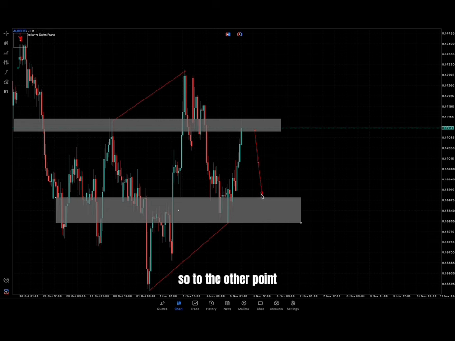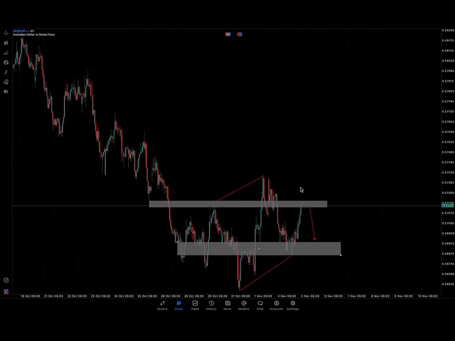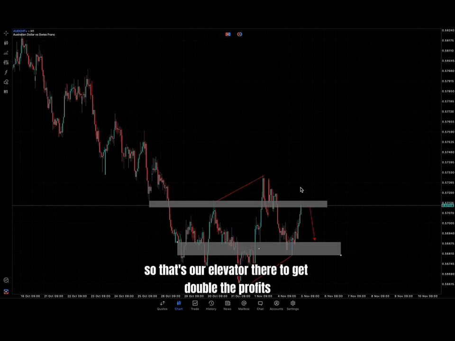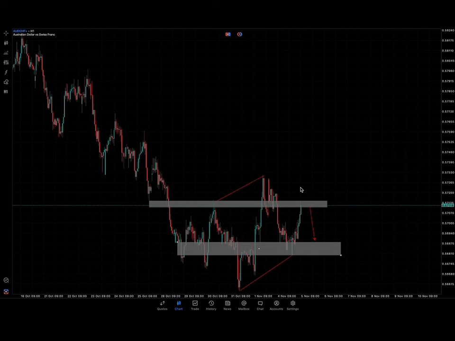So to the other point, it means that we actually get to buy when it reaches that area. So that's our elevator there to get double the profits. So you should feel good when you see this kind of setups, because you'll be killing two birds with one stone.